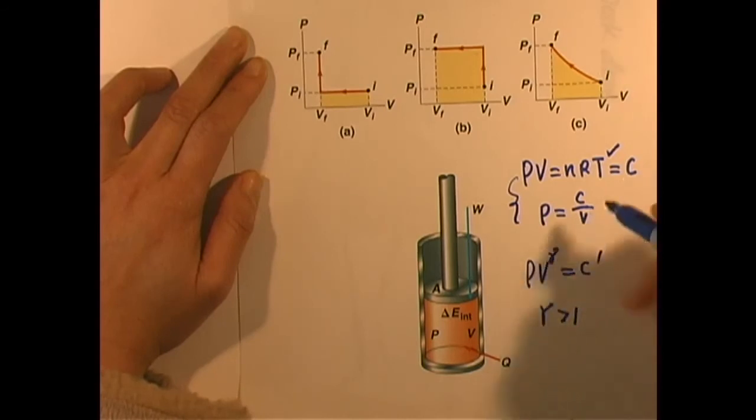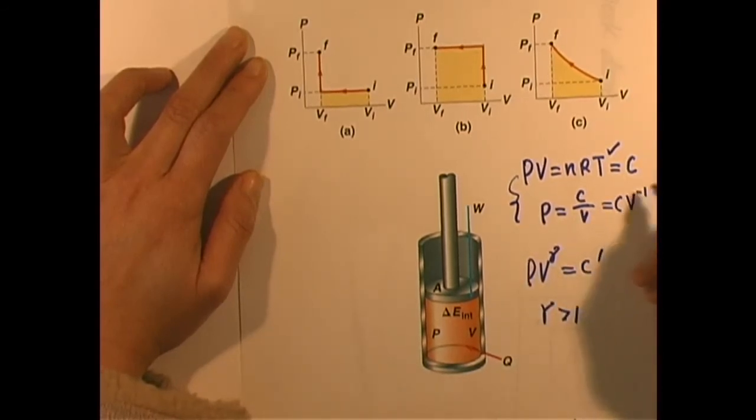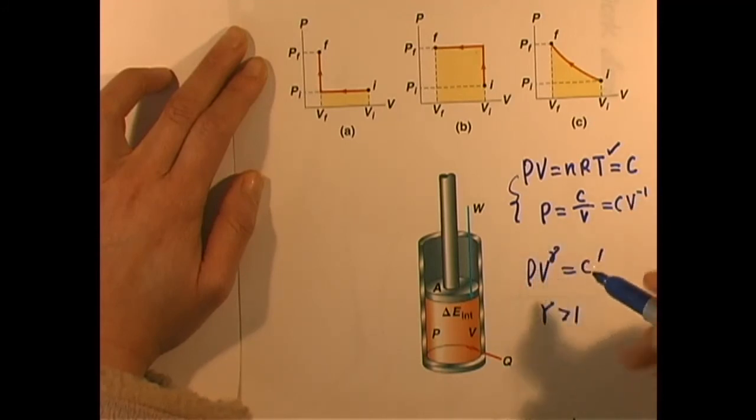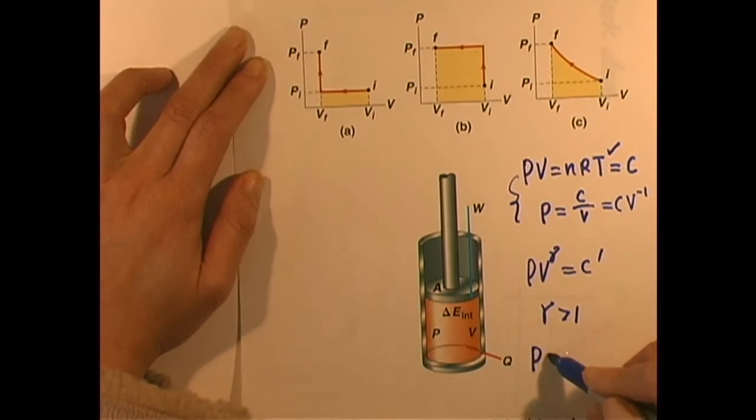Because you see, this one is C V to the -1, but that one is V to the negative gamma, and gamma is more than 1 right here.